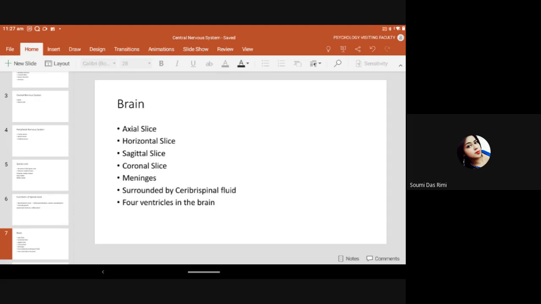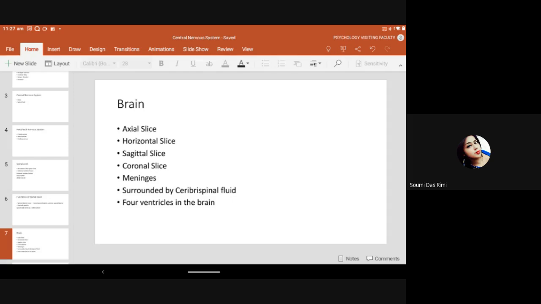The second way to slice the brain is the sagittal slice. If you cut like this, these are the sections of the brain you can see. The sagittal plane slices the brain vertically from the left side to the right side. And the coronal slice is when the brain is sliced vertically from the front of the brain to the back.